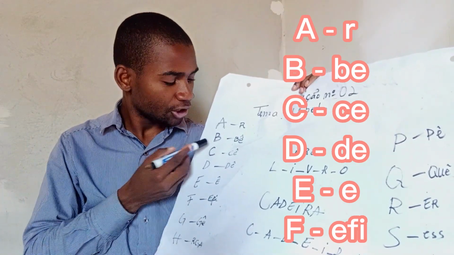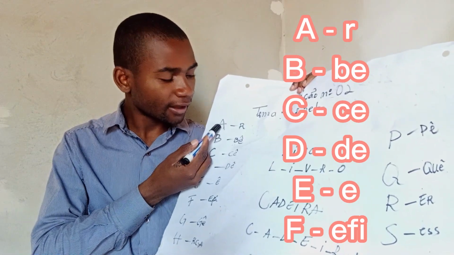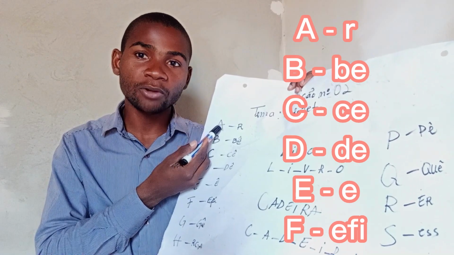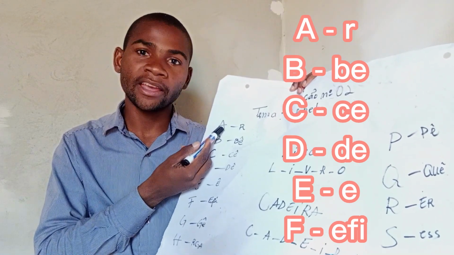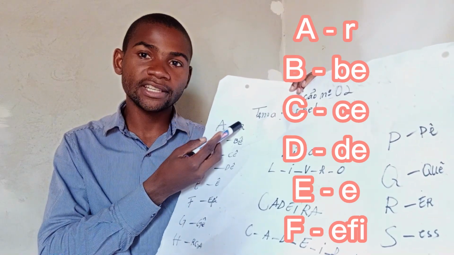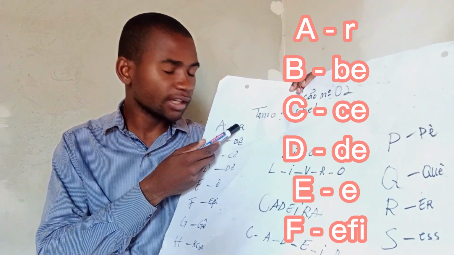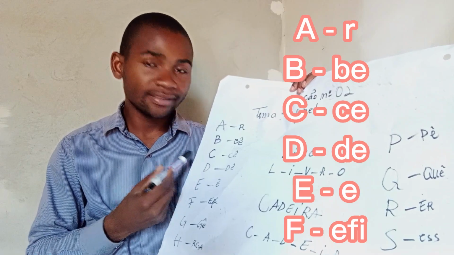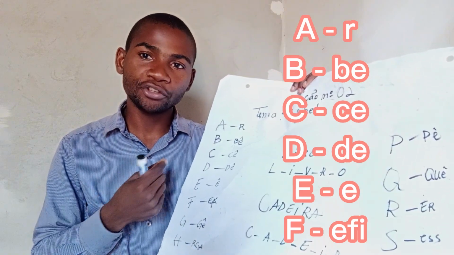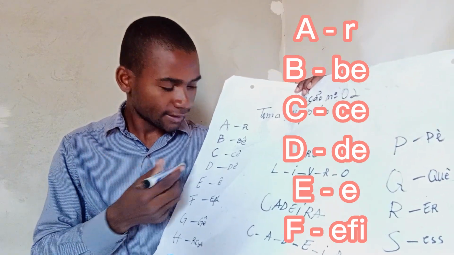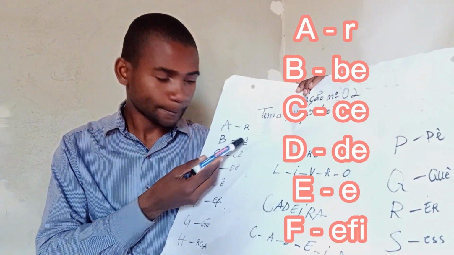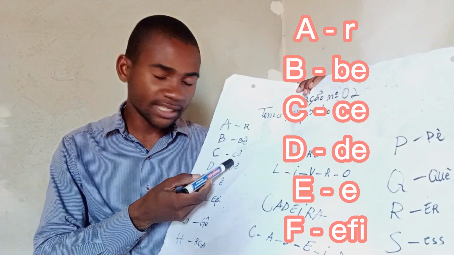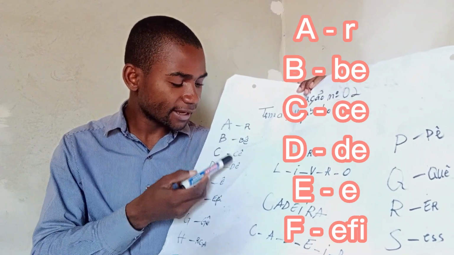It's so easy. From here, after this one, A, which we read like A. So in Portuguese it is A, and after A you just change the E and put an A like this. Be, se, de, not B, C, D. No, be, se, de.